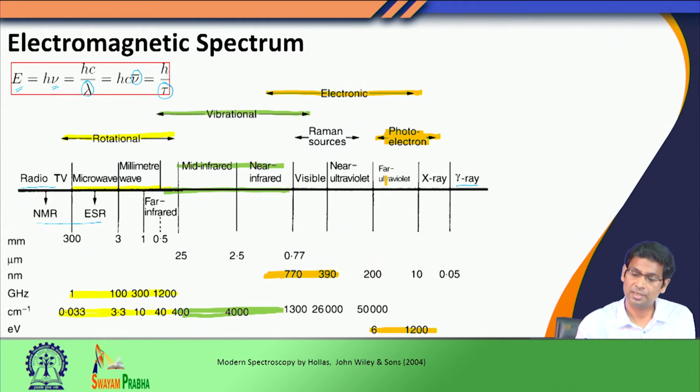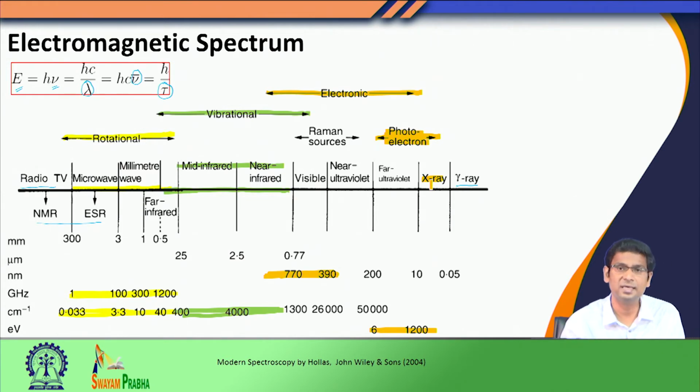So, we use far ultraviolet energy to ionize the valence electrons of a molecule, and if you want to ionize the core electrons of the molecule, of course, you have to provide even more energy, and for that you use X-ray radiation, and gamma radiations have even more energy.